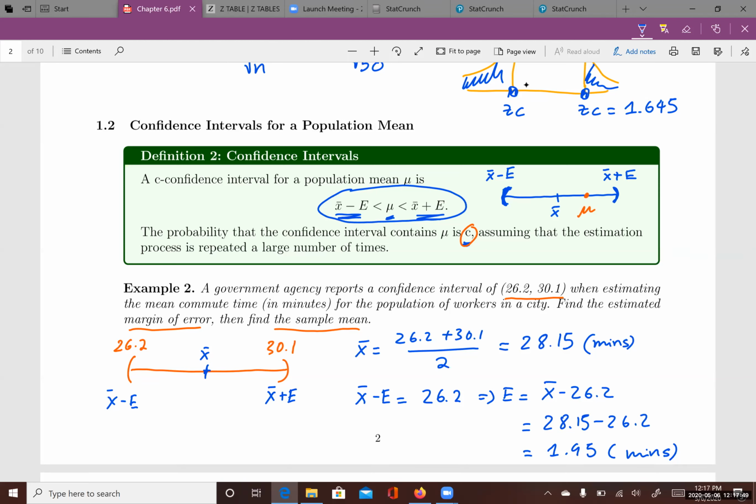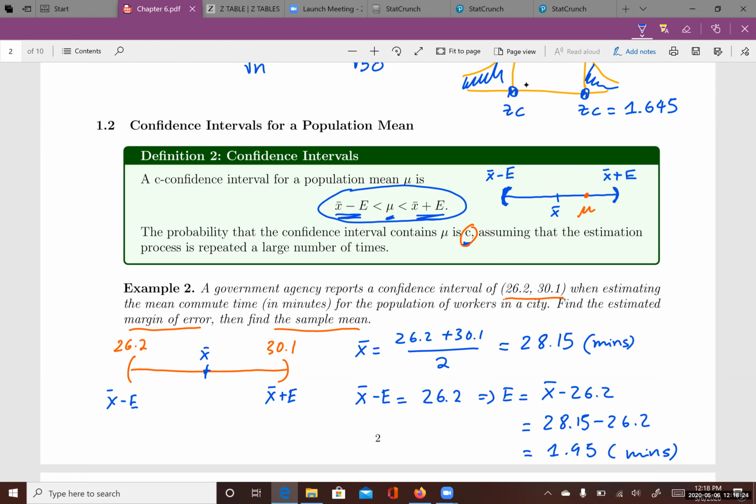The sample mean that they found was about 28.15 minutes. And then using a certain level of confidence, they found that the margin of error for this estimation is about 1.95 minutes. So they are allowing their sampling error to be within 1.95 minutes. It could be higher or lower than the sample mean.